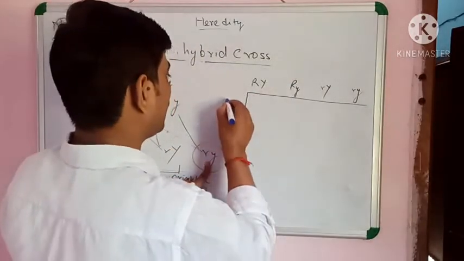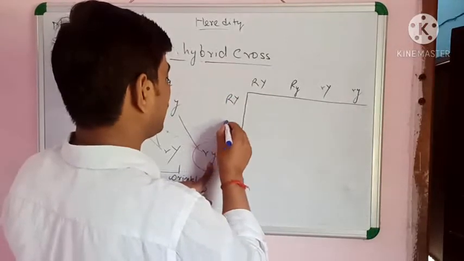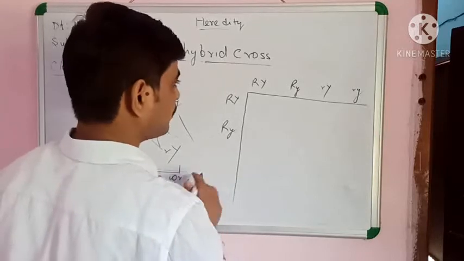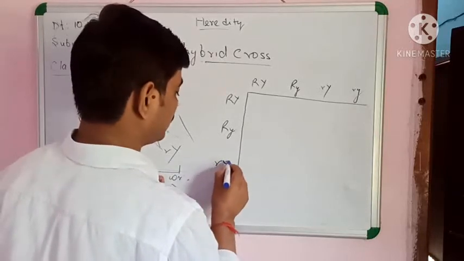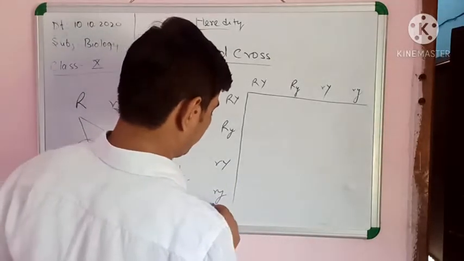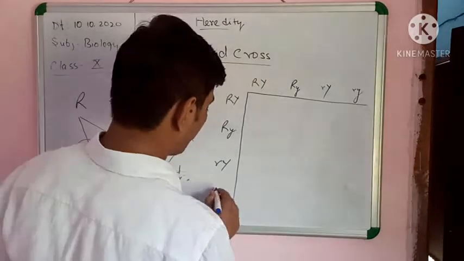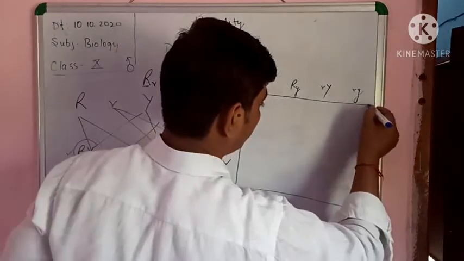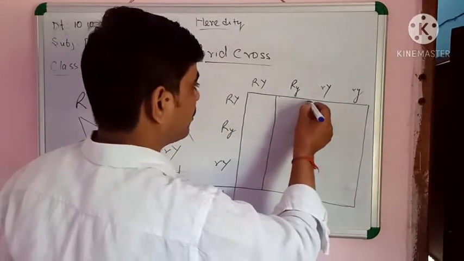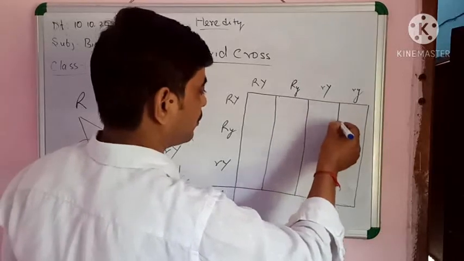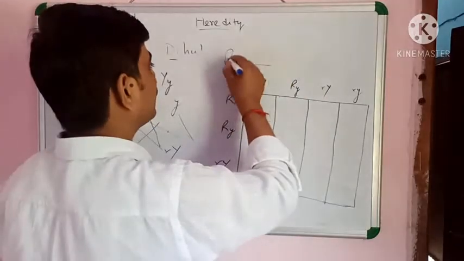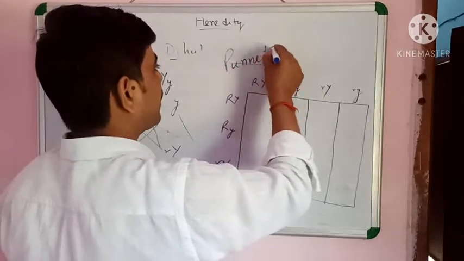Similarly here also RY, RY. Okay. Then Ry and rY. Okay. See here, this square which I am going to draw is named the Punnett square. What is a Punnett square?